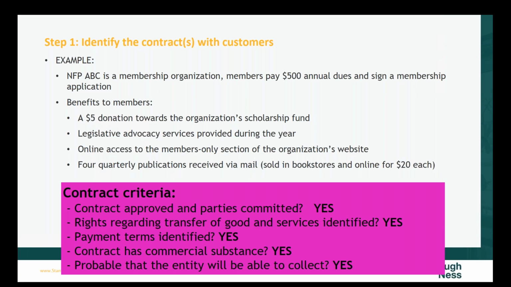If it's a new member organization, is there anything that would concern them about being able to collect the amount that's owed? But in this case, we're going to go ahead and say this member organization is going to pay, and therefore it's probable that they'll be able to collect. So in this scenario, all 5 criteria have been met. So we now have a contract with the customer.